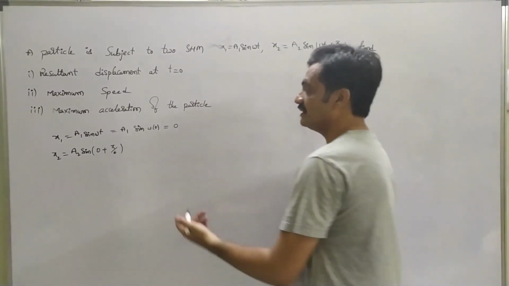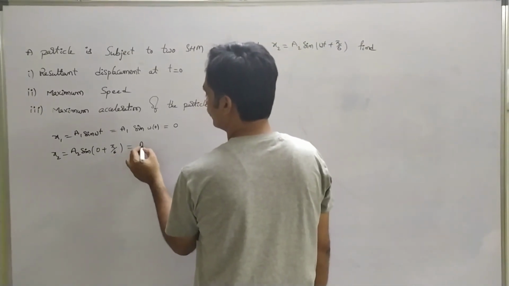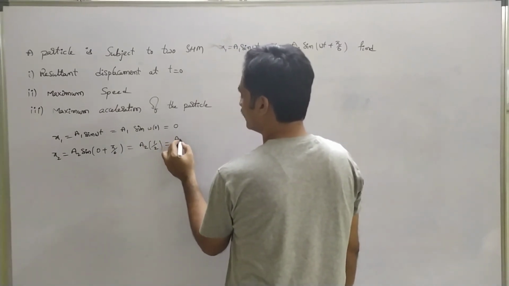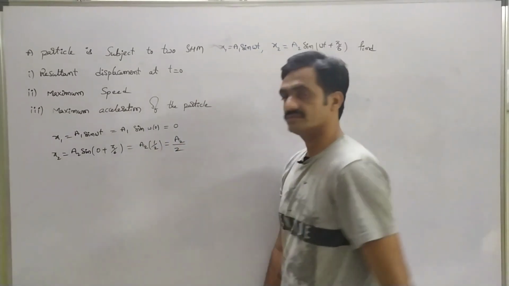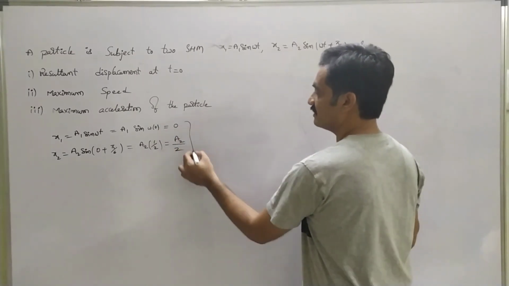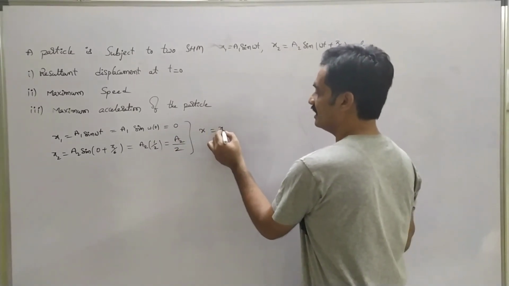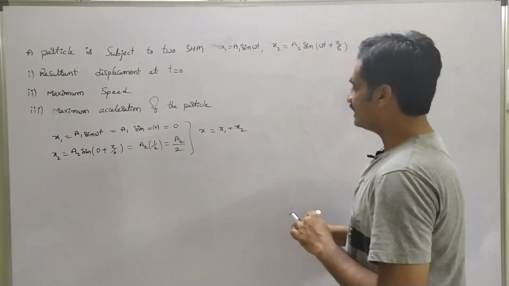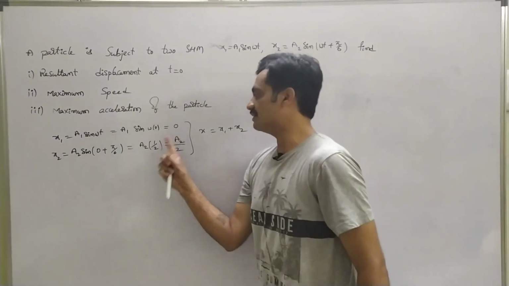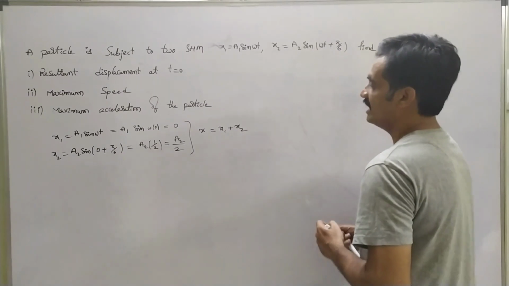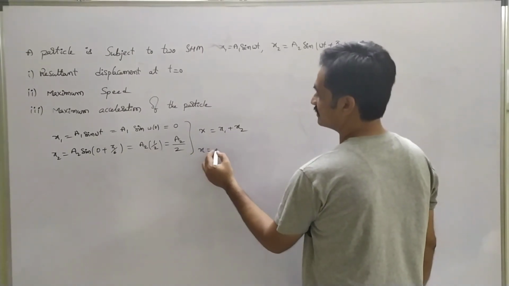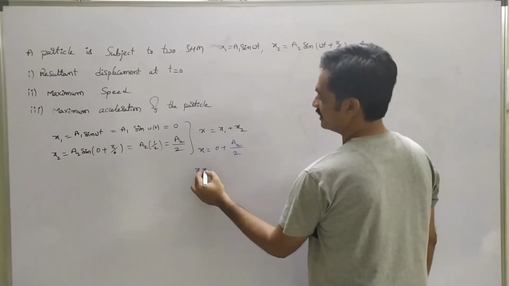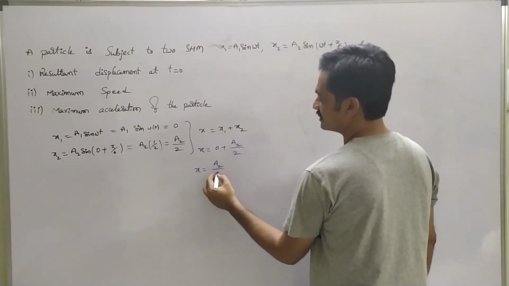Pi by 6 is nothing but 30. Then we have a2 into sin 30 is 1 by 2. So we get a2 by 2. Then the resultant displacement can be given as x equals x1 plus x2. Observe that x1 equals 0, x2 equals a2 by 2. As we substitute here, we have x equals 0 plus a2 by 2, nothing but x equals a2 by 2.